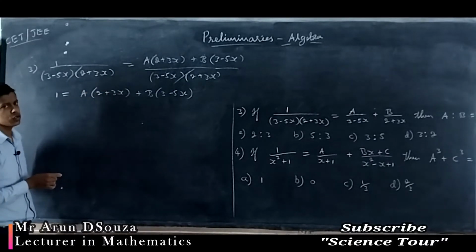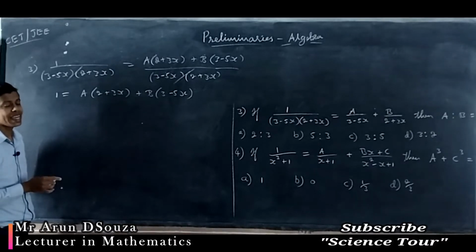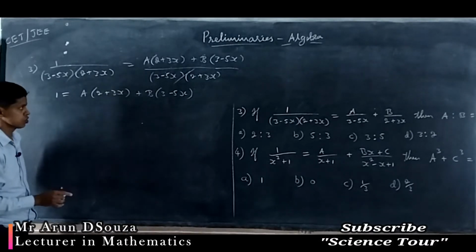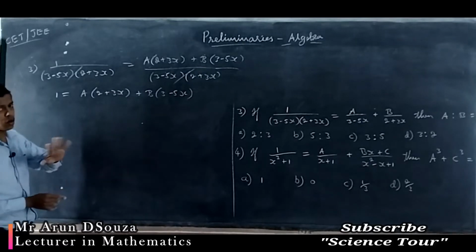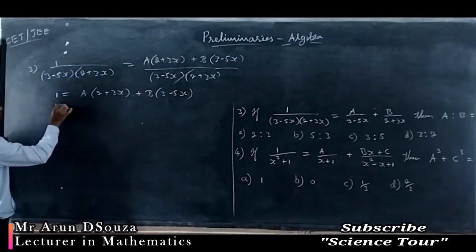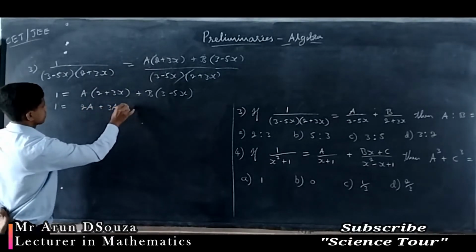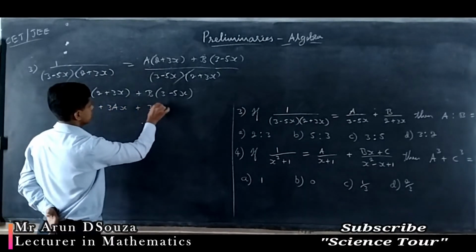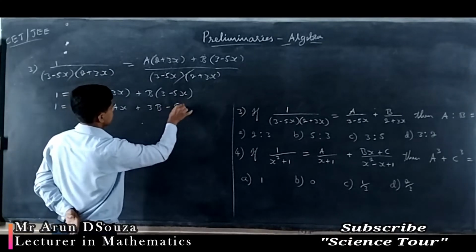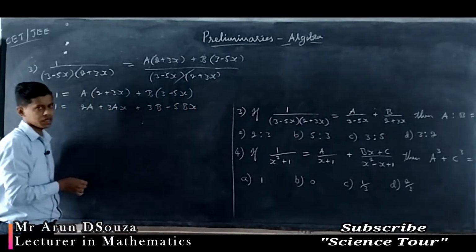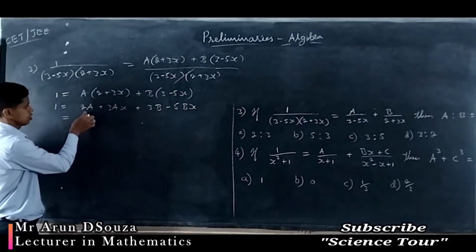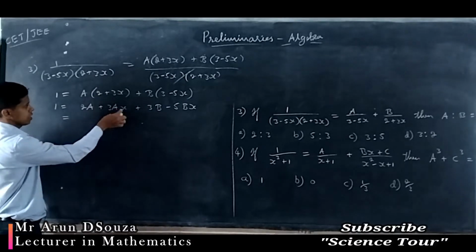You have two choices. You can compare the coefficients or you can put some values for x. Okay, so I'll tell you how to compare the coefficients. See, multiply this. So this is 2a and this is 3ax plus multiply this 3b and minus 5bx. So this is another method I am teaching you, comparing the coefficients. So now understand, you take x common.